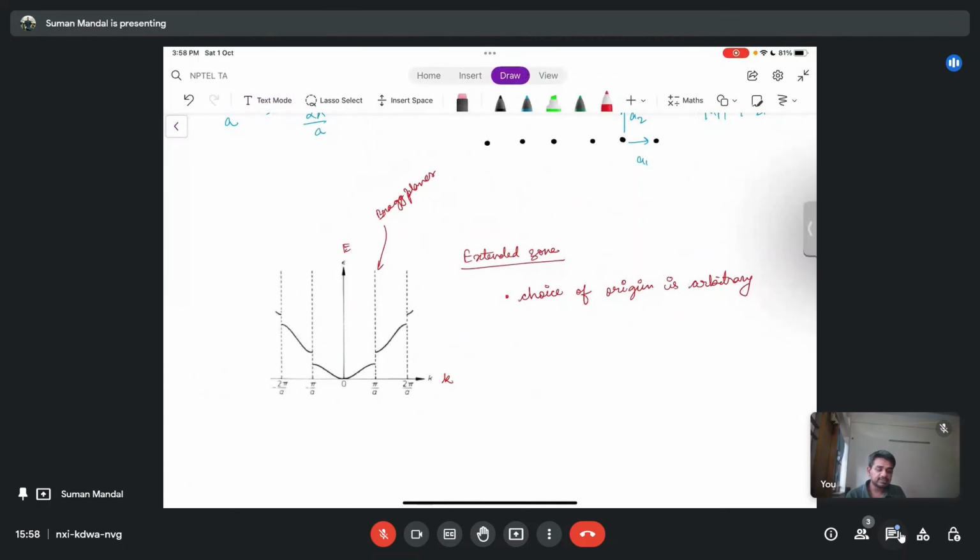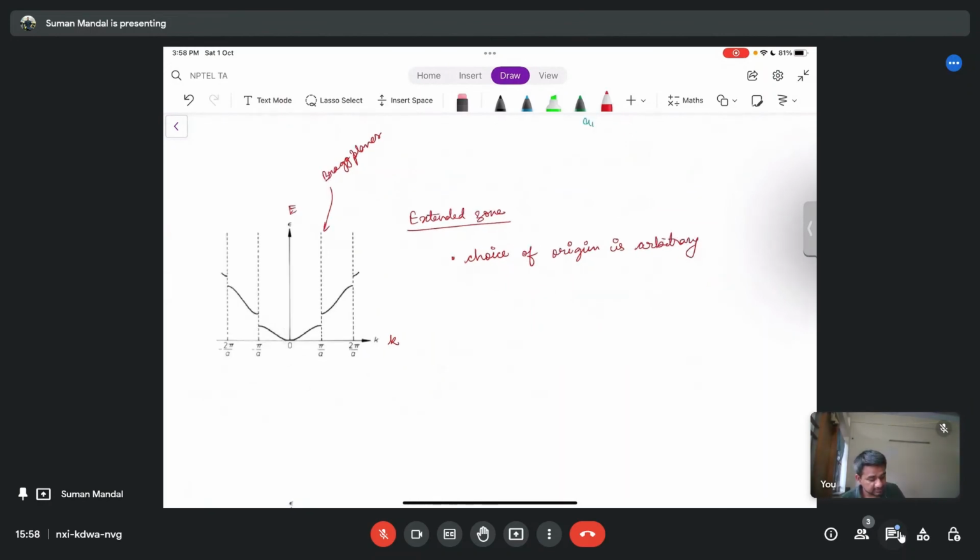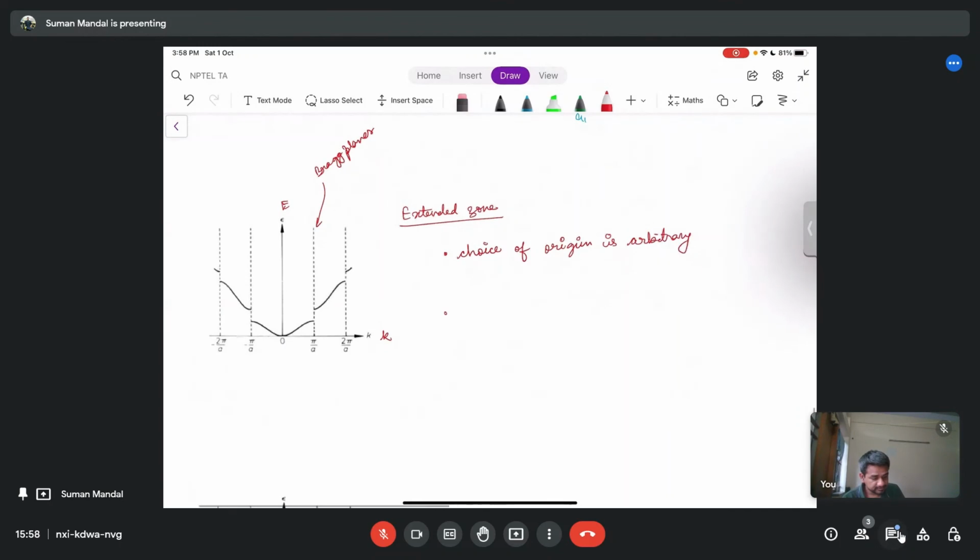So the choice of origin is arbitrary in the extended zone scheme. However, due to symmetry, we know that each lattice point is identical.